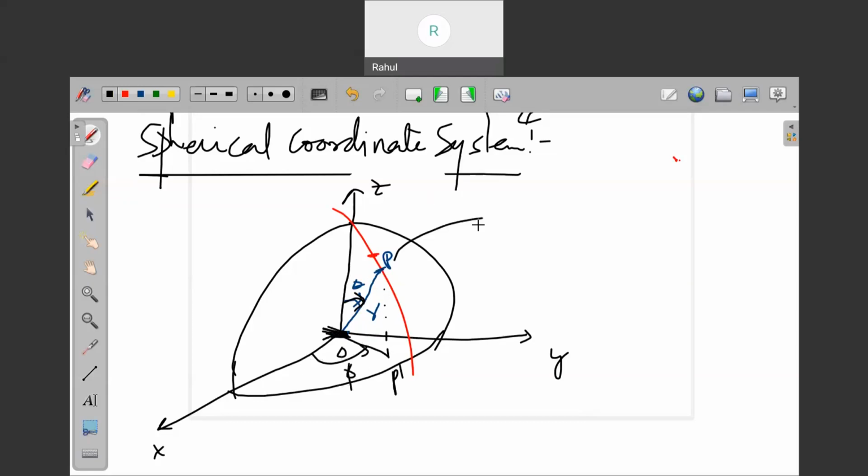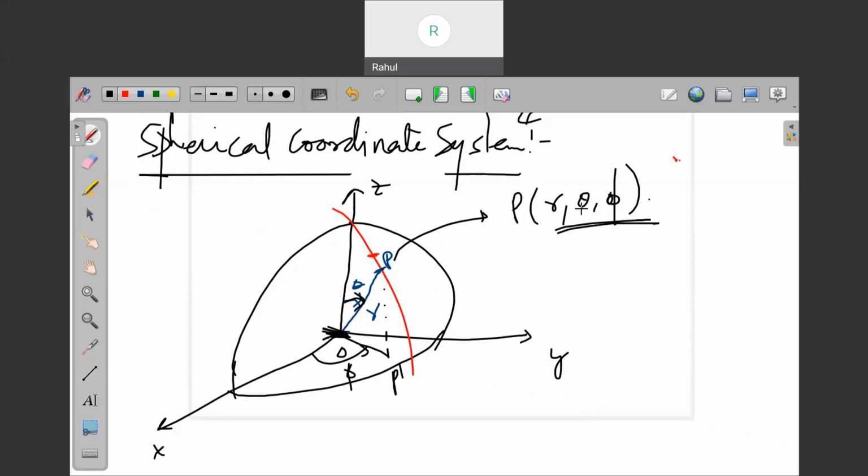So the point P is coordinated as r, theta, phi. Remember, this is very important for the spherical coordinate system.